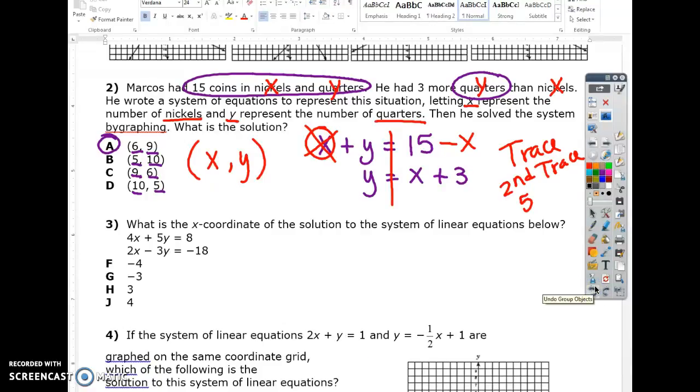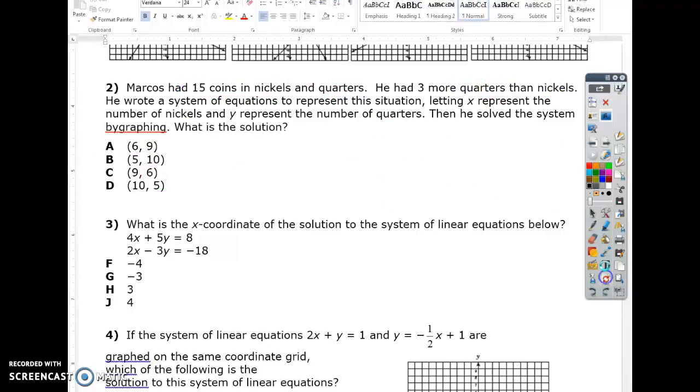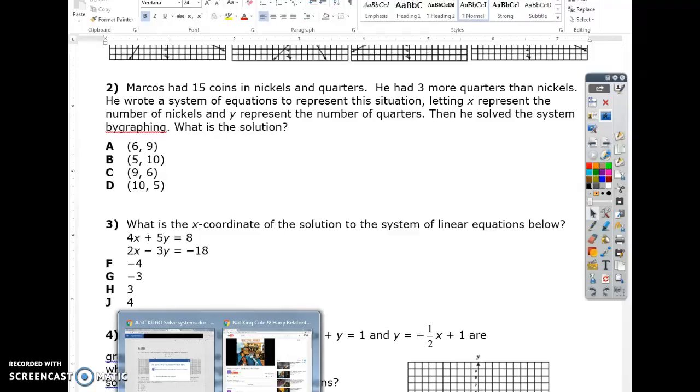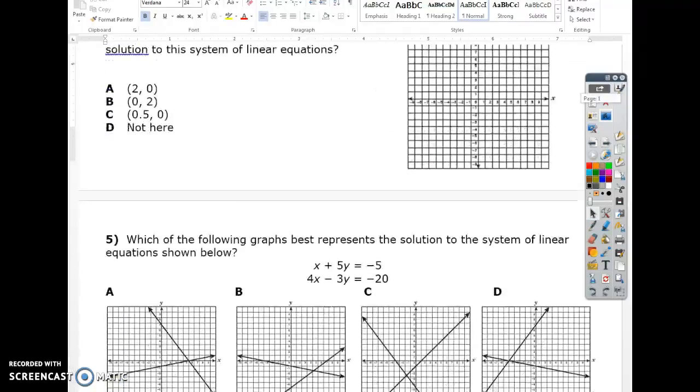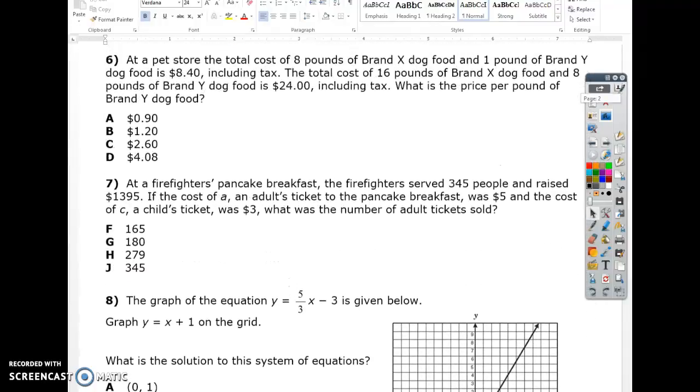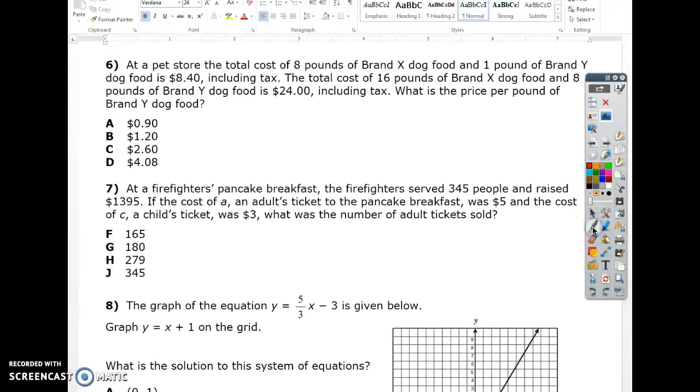Let's do problem number 13. No, problem number 6. Problem number 6, another word problem. Okay, at a pet store, the total cost of 8 pounds of brand X dog food and 1 pound of brand Y food is $8.40.